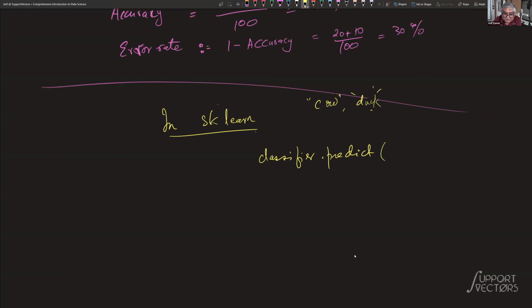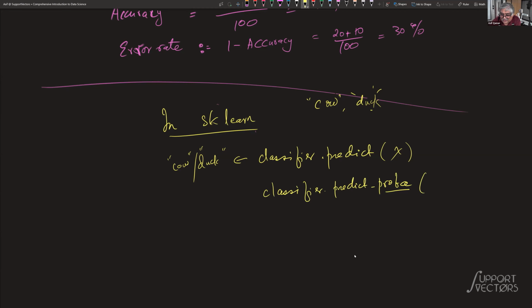Right? When you call predict on an input, you will get cow or duck, one of these two. Are we together? On the other hand, if you do classifier.predict_proba, proba is for probability.